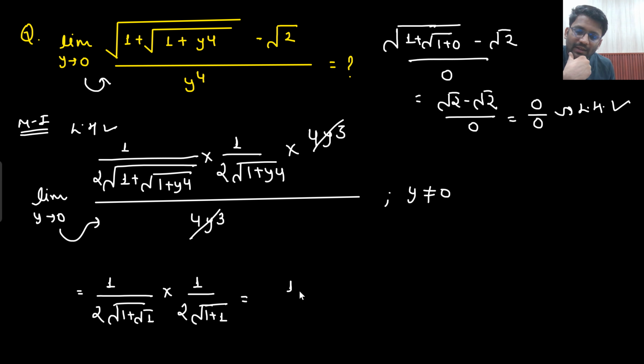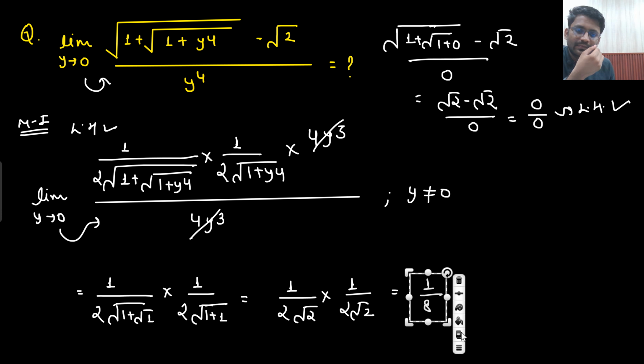So what is the answer you are getting? 1/(2 under root 2) multiplied with 1/(2 under root 2). So 1/8 is the answer. There you go. Okay, that's the answer.